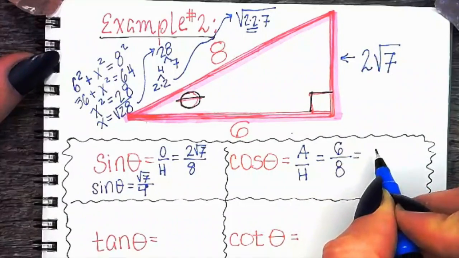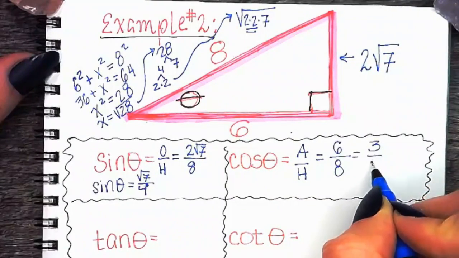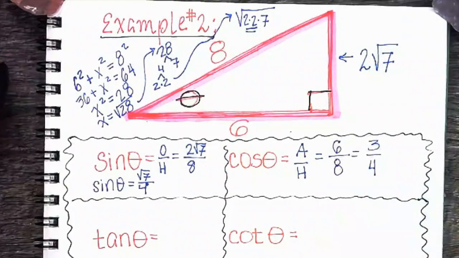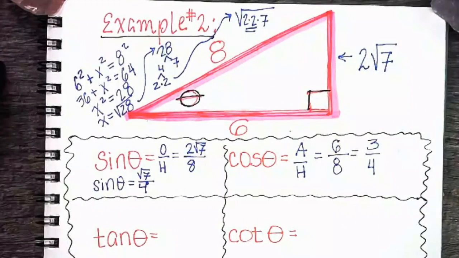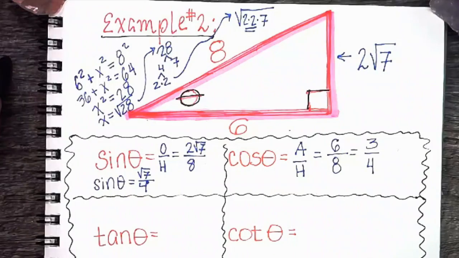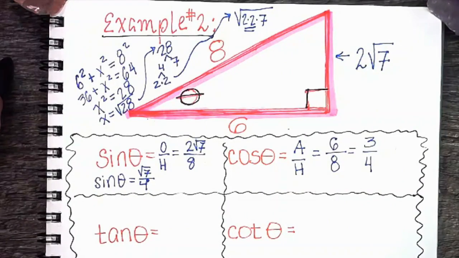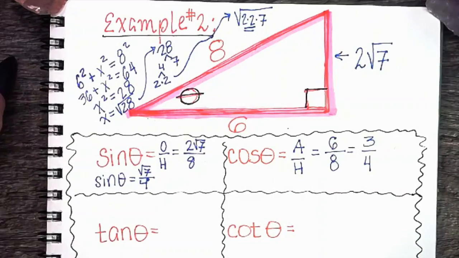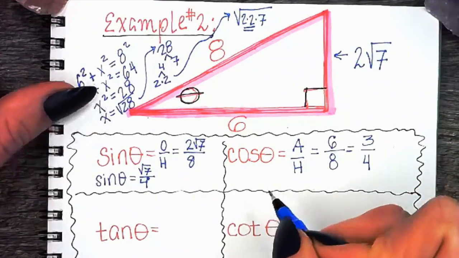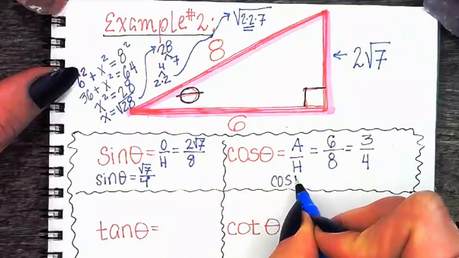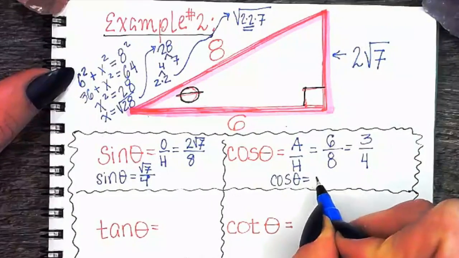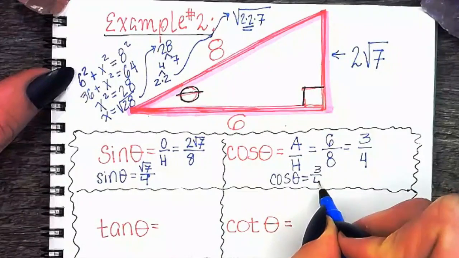What does 6 over 8 reduce to? What's 3/4 as a decimal if the question had choices as decimal representations? 0.75. 3/4 is 75%. However, we can just write, for now, we always try to leave it as a fraction, cosine theta equals 3/4.